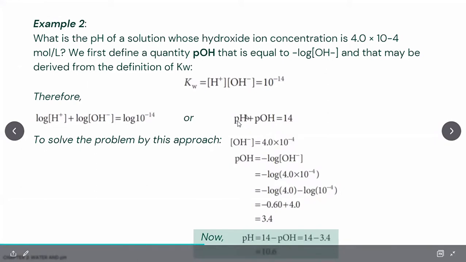So if you're able to get this pH, then you just subtract it from 14, you'll get your pOH. Correct? Because the pOH is being asked. And what is pOH? It's the negative logarithm of OH. Similarly, pH is the negative logarithm of H.